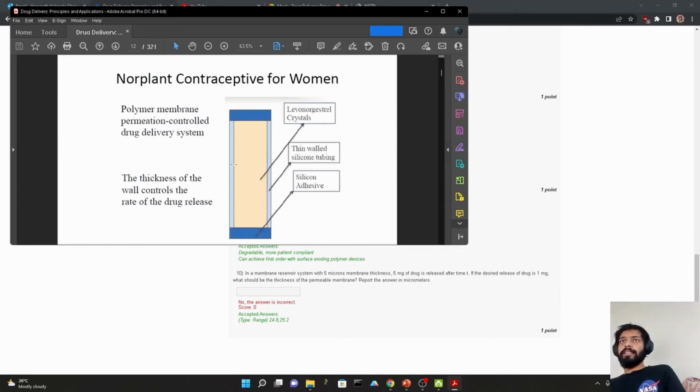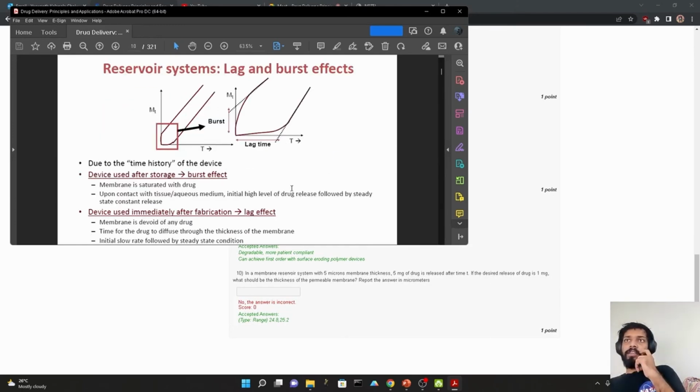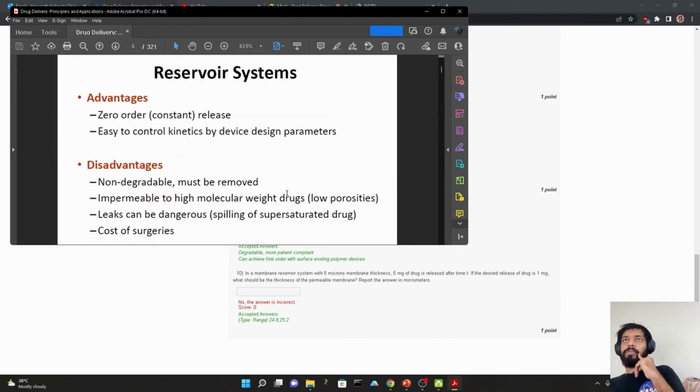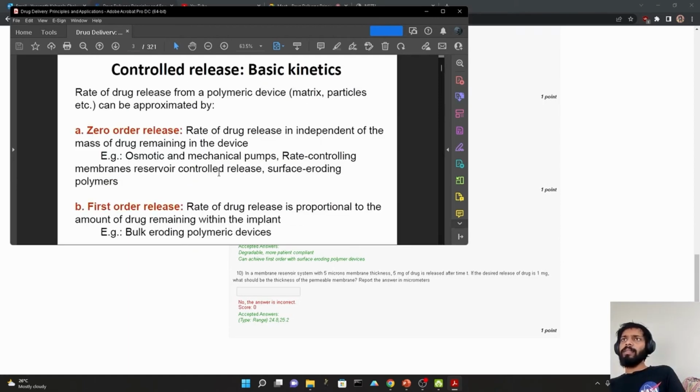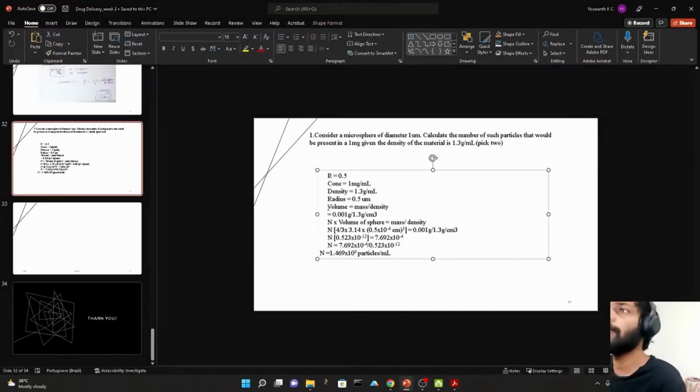Yeah, you can raise this also as a query in the forums. It does say that surface eroding polymers can achieve zero order release. So please raise a query in the forum, because it does say that surface eroding polymers can achieve zero order release.